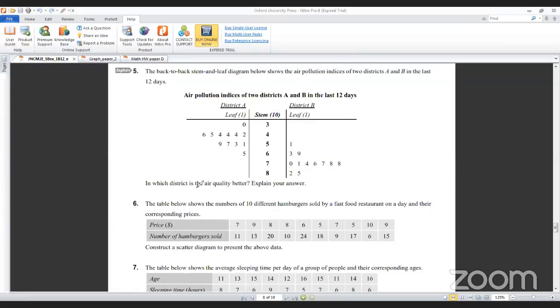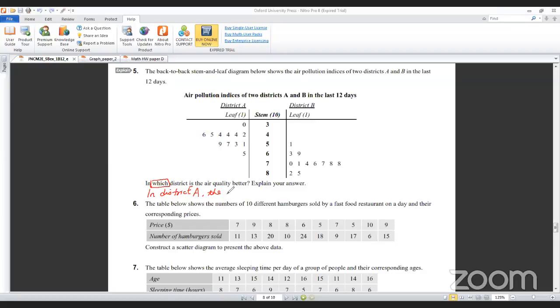Now, which district is the air quality better? Whenever we use the word "which", it means this one is a question. Therefore, when you answer, you answer in district A. We don't write "is the air quality better", because then it is a question.